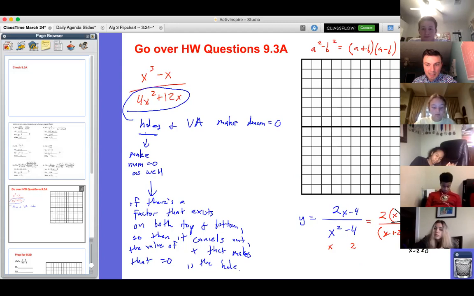So we solve that, x minus 2 equals 0, add 2, we get x equals 2. So we have a hole at x equals 2, because it made both the numerator and denominator equal to 0. Questions about how we identify that hole? Are y'all good with that?